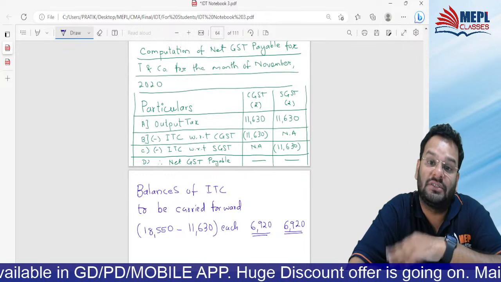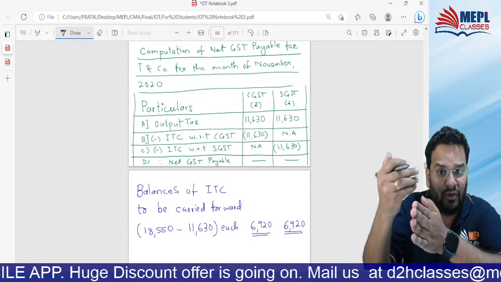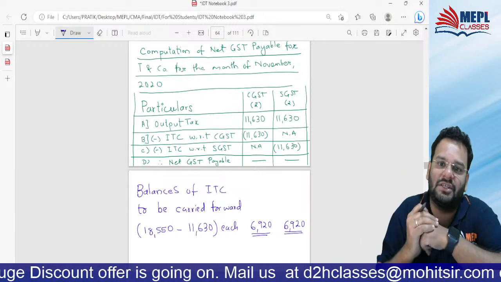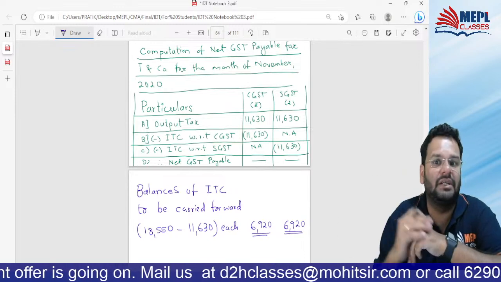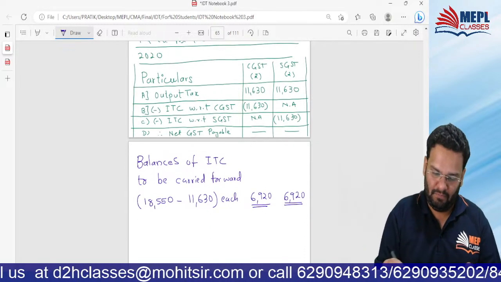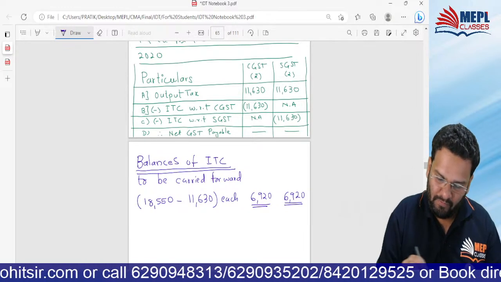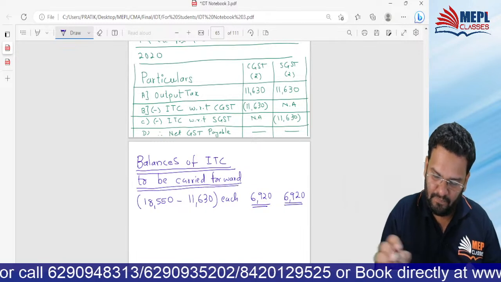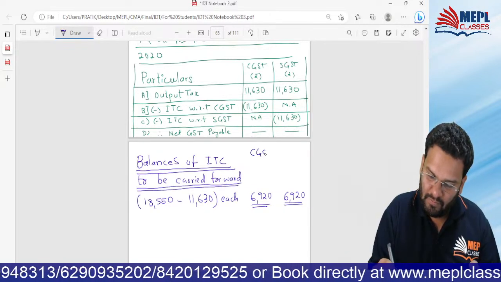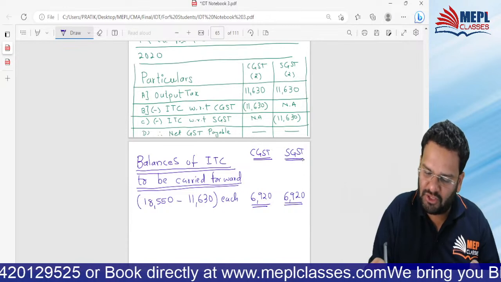Yes, of course, then you can use the entire ITC of IGST to pay output tax of CGST and SGST in any order and in any proportion. I hope it is very much clear to you.